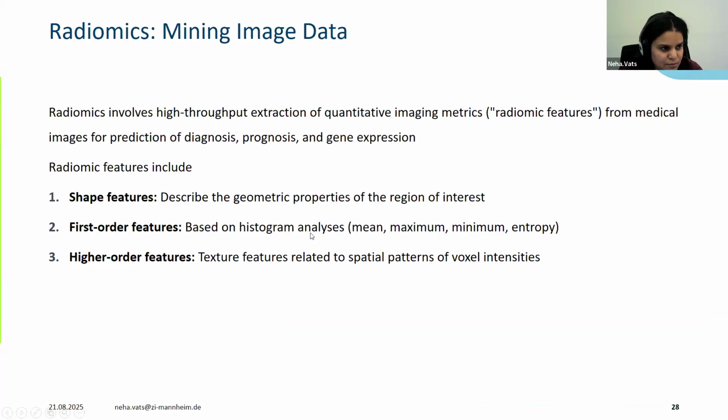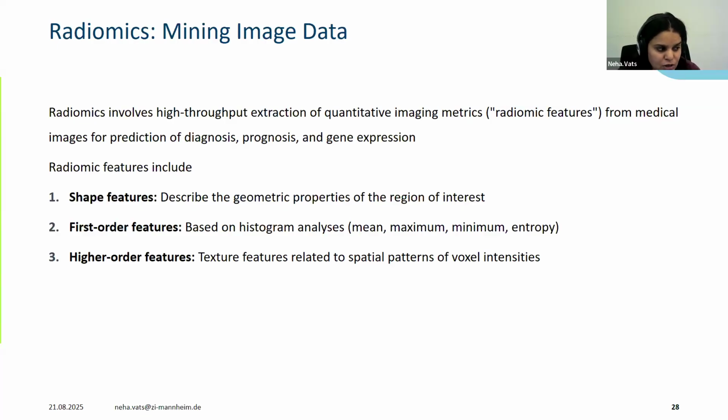Then comes another technique to quantify these parameters, which is radiomics, mining imaging data. Radiomics involves high throughput extraction of quantitative imaging metrics. These are called radiomic features from the medical images for prediction of diagnosis, prognosis, and gene expression.